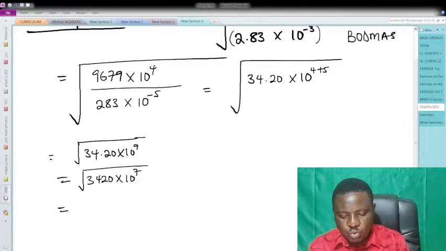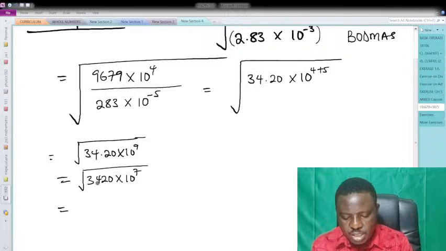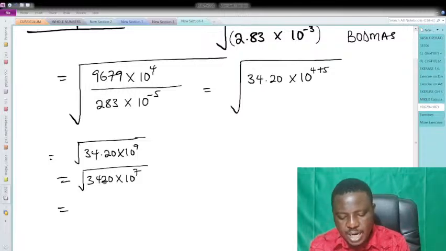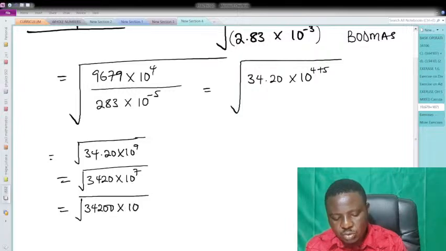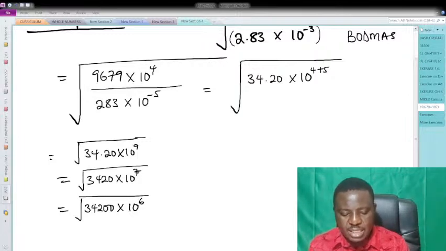When you simplify this, we'll now look for the square root of 34,200 times 10 to power 6. Reason being that I will prefer the power of 10 to be an even number, so that I can easily get the square root of this.